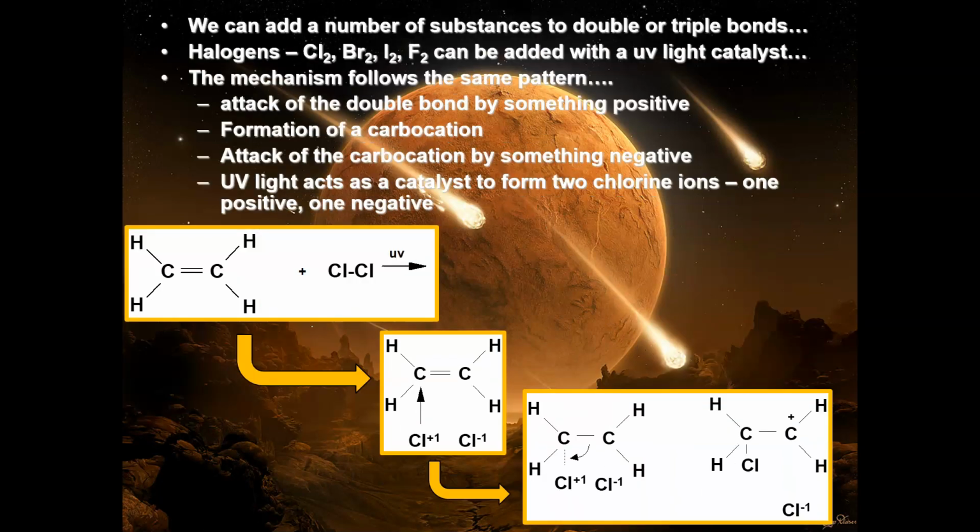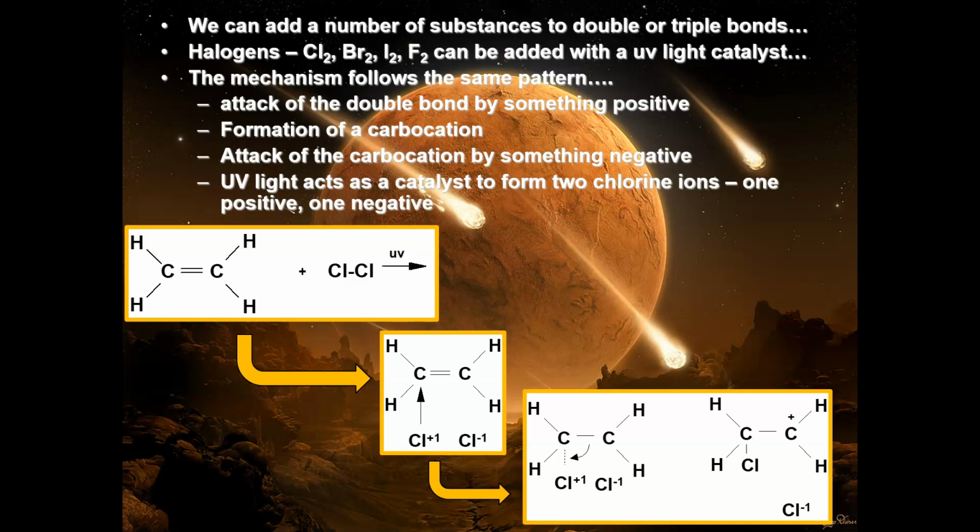So we can add a number of substances to these double or triple bonds. Halogens can be added if we have a UV light catalyst, and the mechanism is going to follow the same pattern. We are going to have an attack of the double bond by something positive. We form the carbocation, we attack the carbocation by something negative.